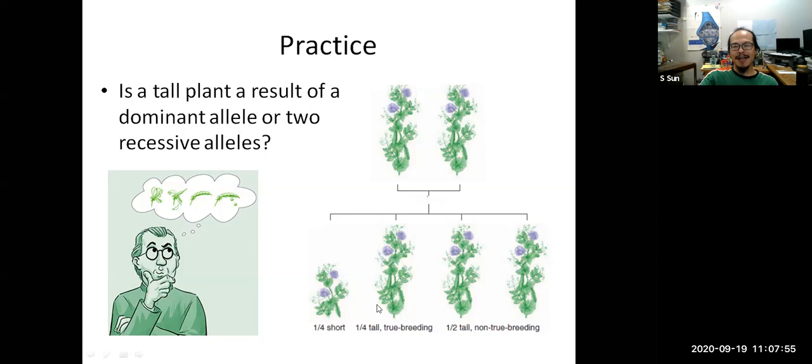So if we have this result that turns out to have one recessive allele, the parents' alleles must be heterozygous, okay? Must be heterozygous, must contain the dominant allele as well as the recessive allele. If one is not heterozygous, if one is homozygous, then we would not expect any recessive phenotypes in their offspring.